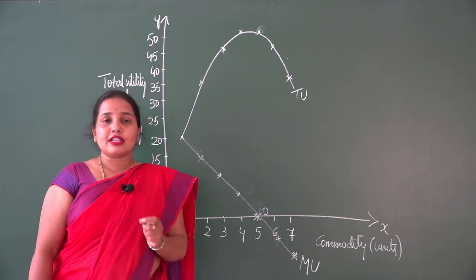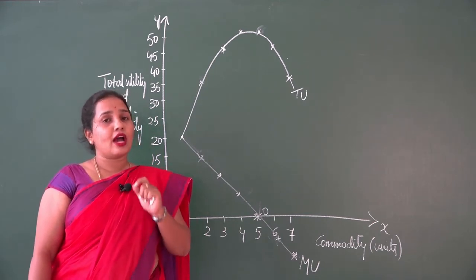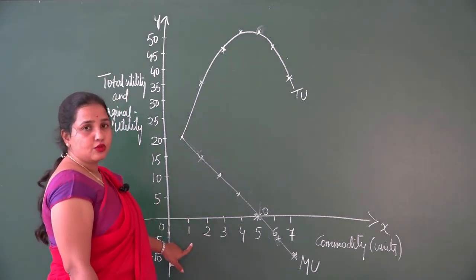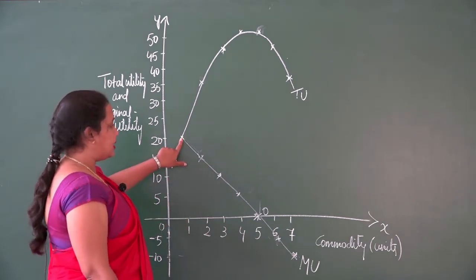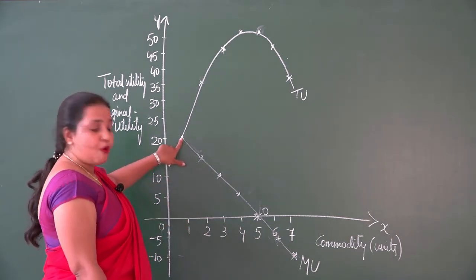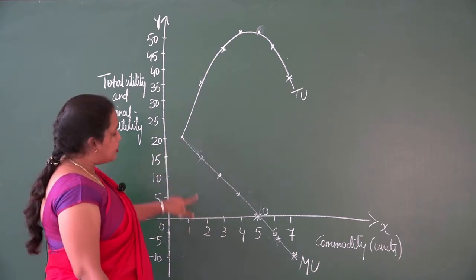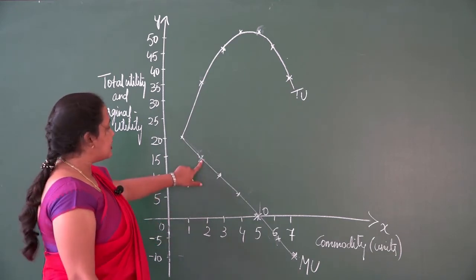Since we have already taken the schedule for consideration, you have noticed that when a consumer consumes the first unit, the marginal utility that he derives is 20. Therefore, you need to plot a point parallel to 1 and 20. When the consumer consumes the second unit, the utility derived is 15.